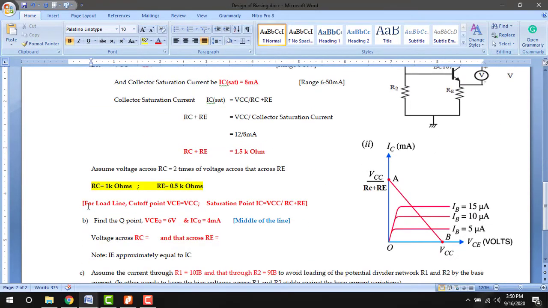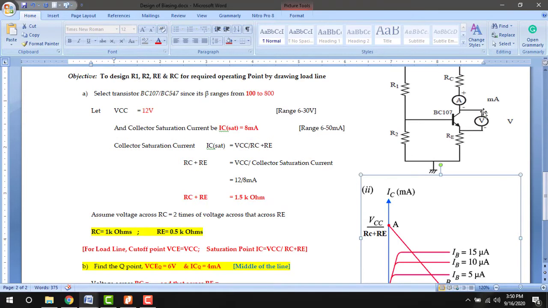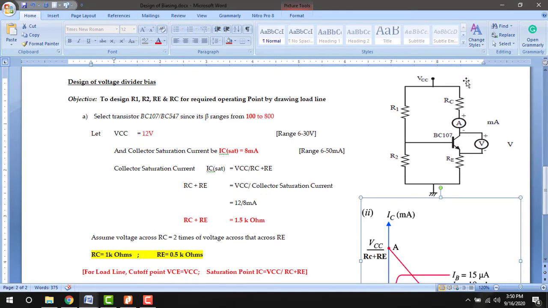What is the operating point? It is when the signal is not given, here the voltmeter reads 6 volts. The VCC is 12 volts, so the remaining 6 volts is going to be split across RC and RE. So 6 volt drops from emitter to collector, and the remaining 6 volt of the total 12 volt drops across RC and RE.